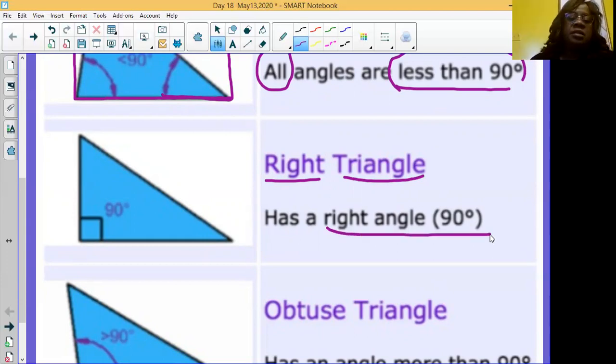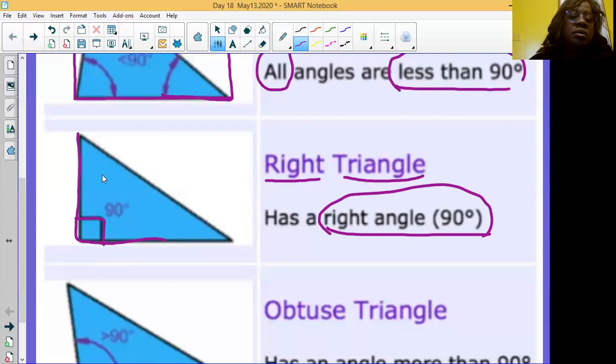So let's take a look at what we have over here. If we look just at this angle right here, we notice that a little box can be drawn. See this little box that's drawn for this particular angle? If I can draw a box inside the angle, then that tells me that the angle is 90 degrees.